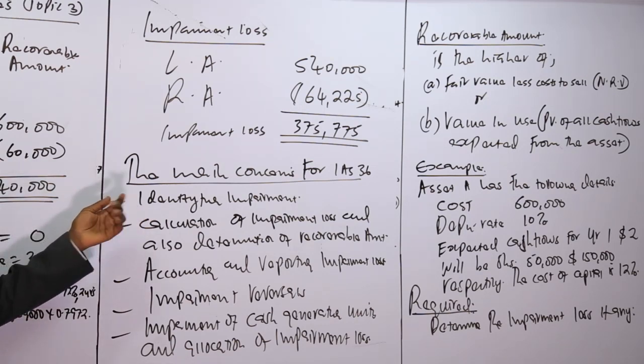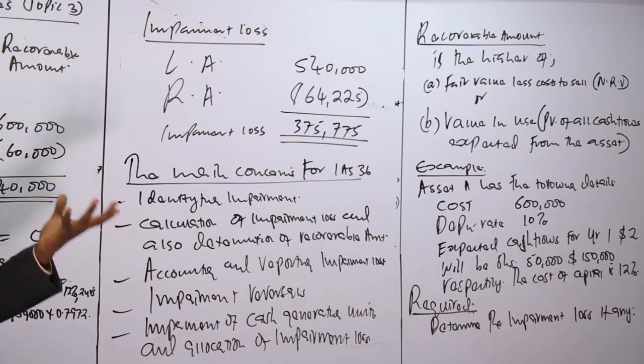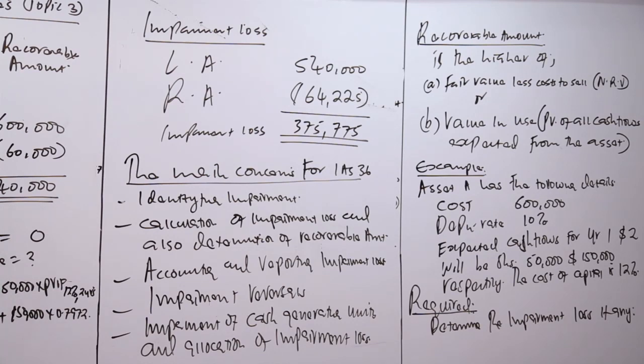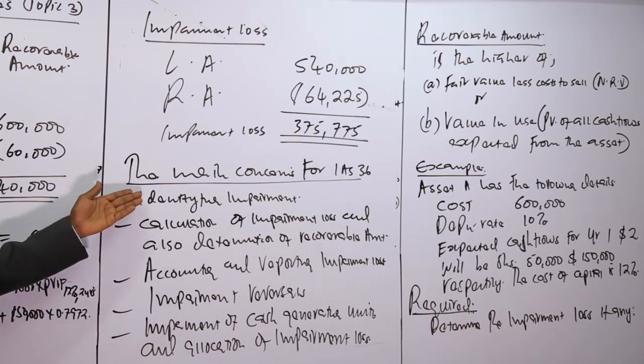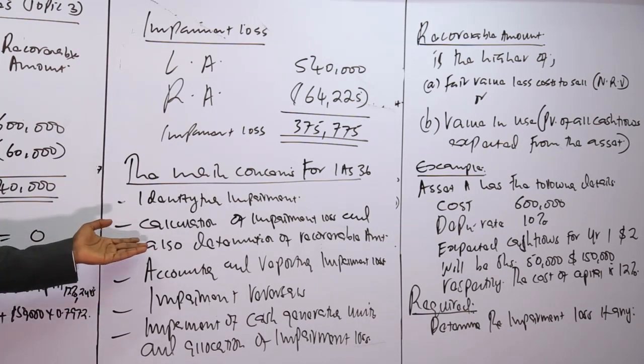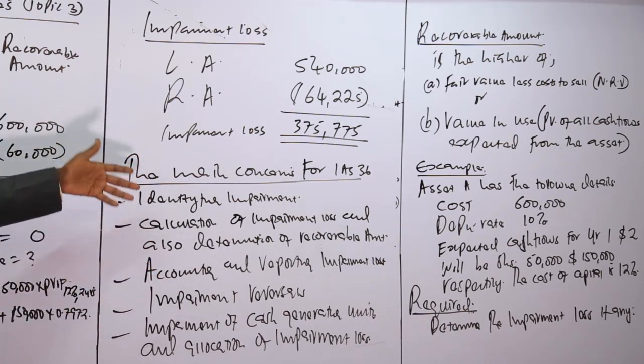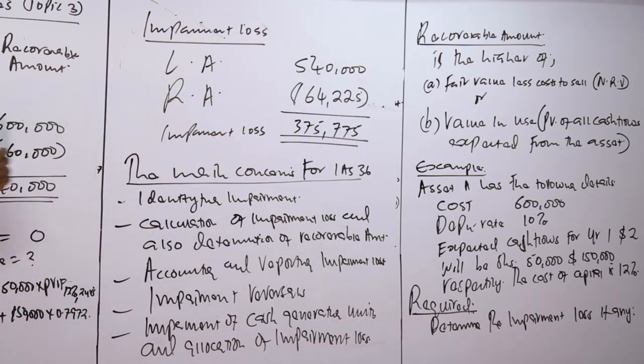Identifying, we are looking at the factors that you can consider to conclude that this asset has suffered impairment loss. We have internal and external. Calculation of impairment and determination of recoverable amount, that's not a problem because we have at least introduced ourselves on how to calculate the impairment loss, but we will go into details.